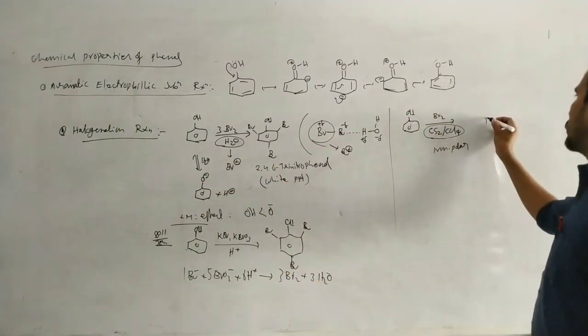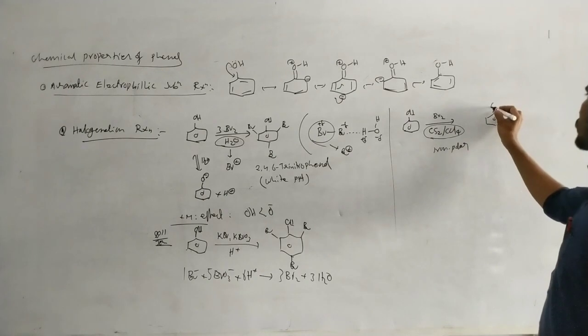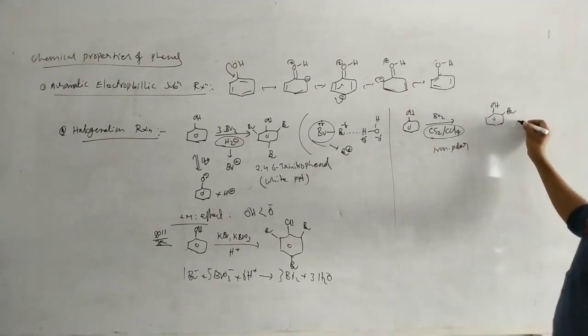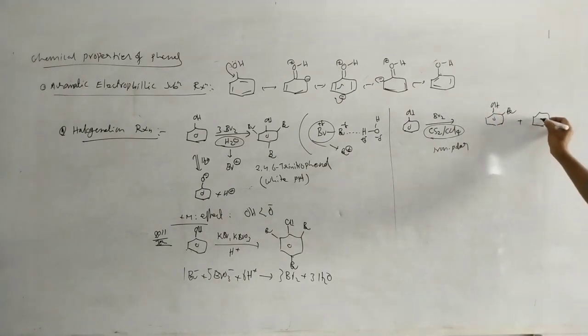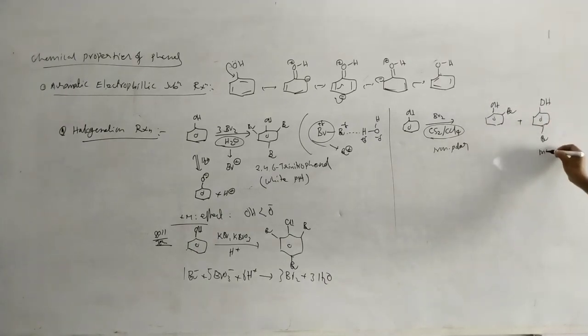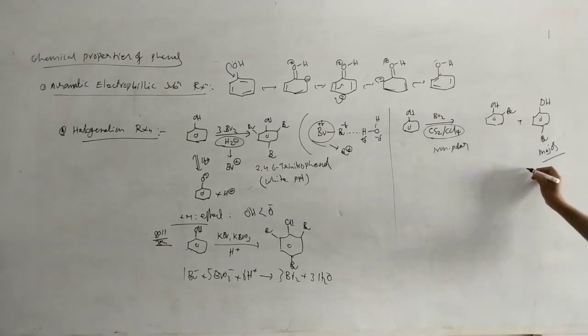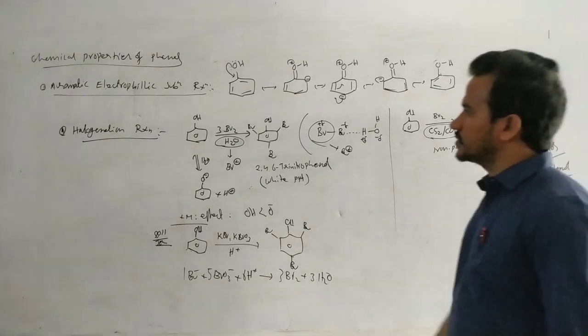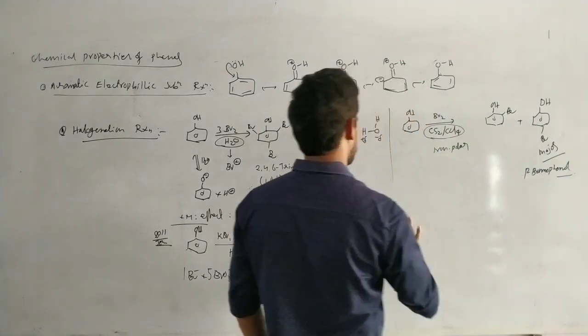So here monobromination takes place, giving orthobromophenol and parabromophenol. Which is the major product? Generally para is the major product, parabromophenol. Okay, it's very, very important.